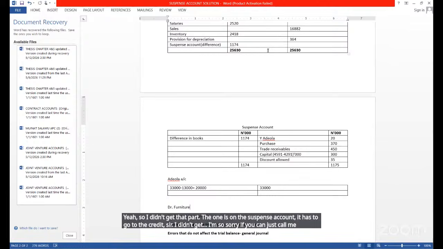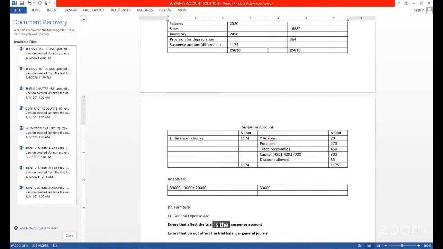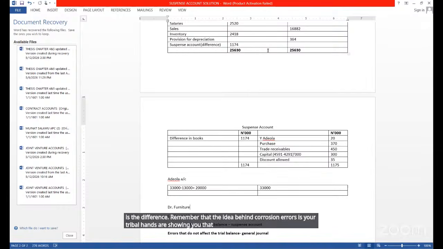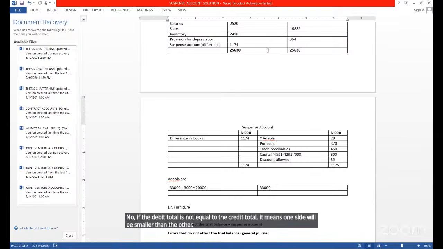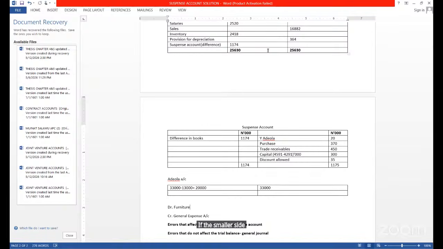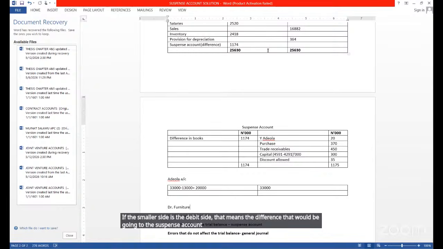Okay. Remember that the idea behind correcting errors is your trial balance has shown you that there is an error. The debit total is not equal to the credit total. Now, if the debit total is not equal to the credit total, it means one side will be smaller than the other. If the smaller side is the debit side, that means the difference that would be going to the suspense account is on the debit side.